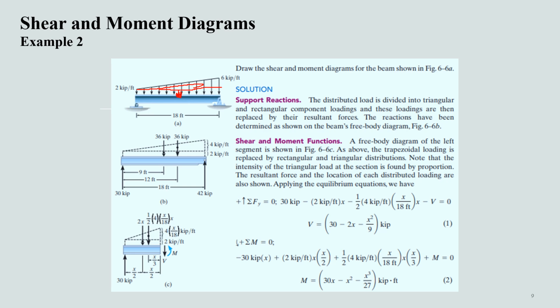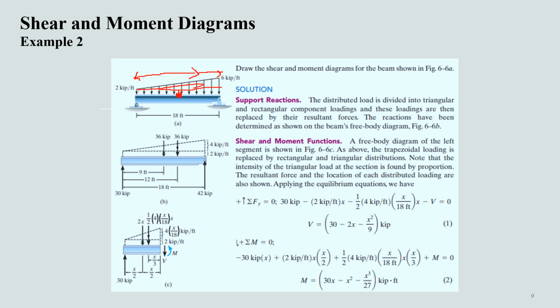And then when we are determining the centroid for this triangular load, we have to consider that the centroid will be at a distance of 2 by 3 of the length of the beam from this end, and 1/3 of the length of the beam from this end. So this 36 kip load will be applied at a distance of 12 feet from the left end, or 6 feet from the right end.